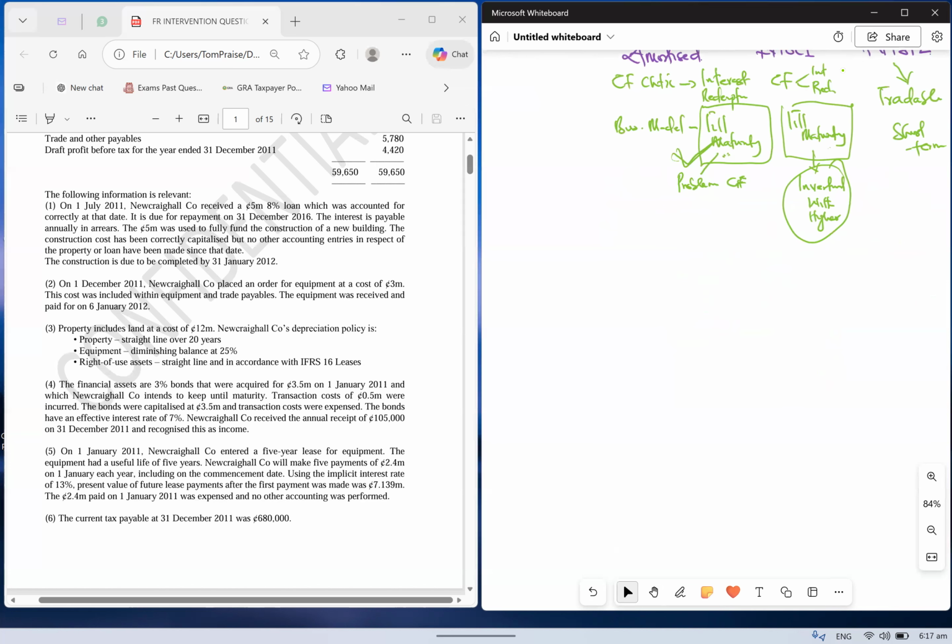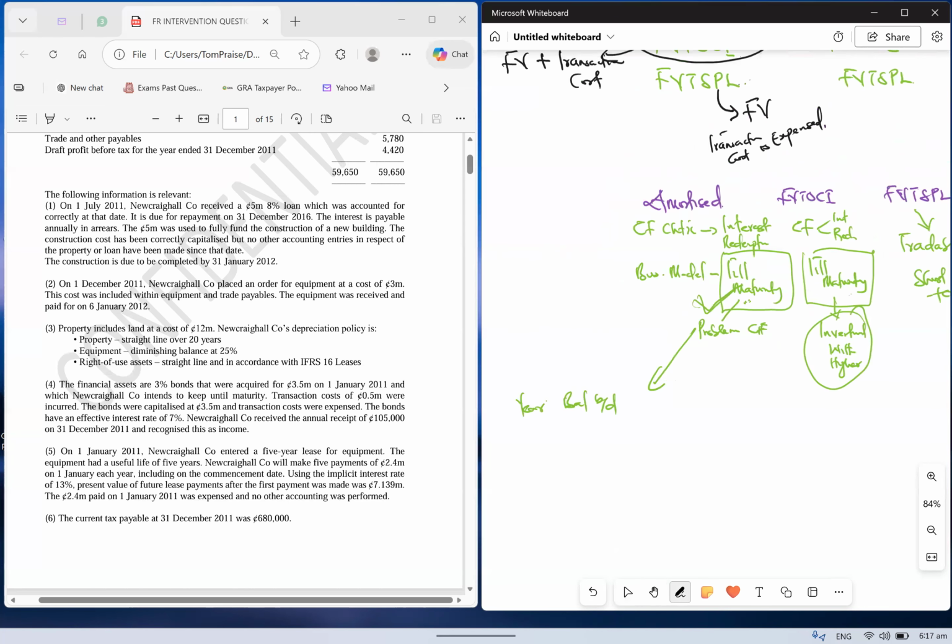Now, when it is amortized cost, you come and do your table. Yeah. Balance brought down. Your balance brought down is the initial measurement, the fair value plus the transaction cost. Then you add the interest, implicit interest.